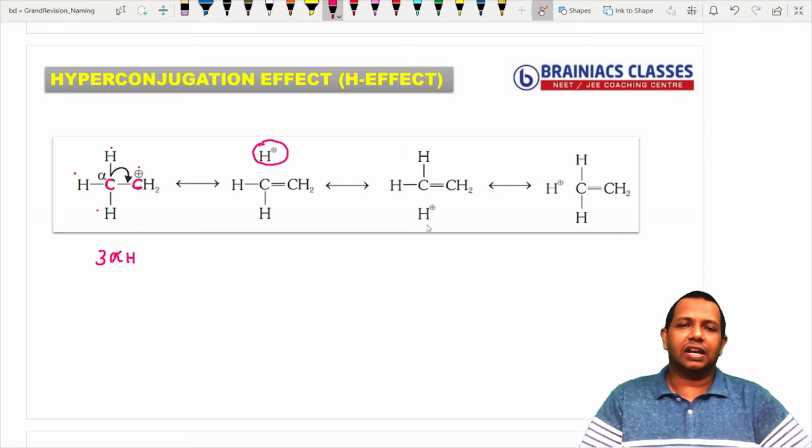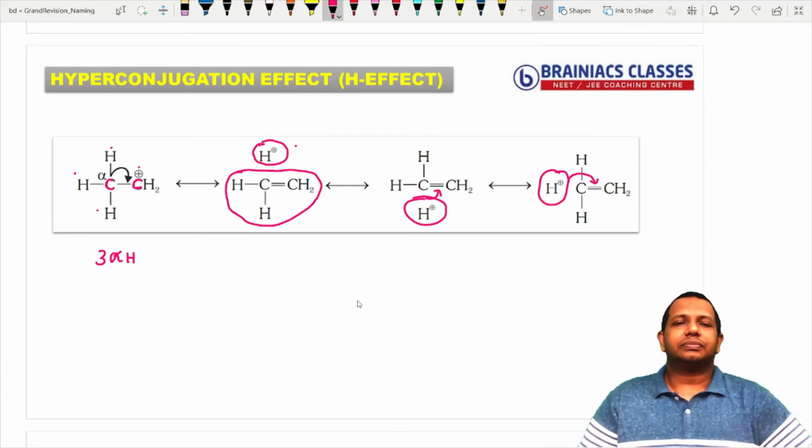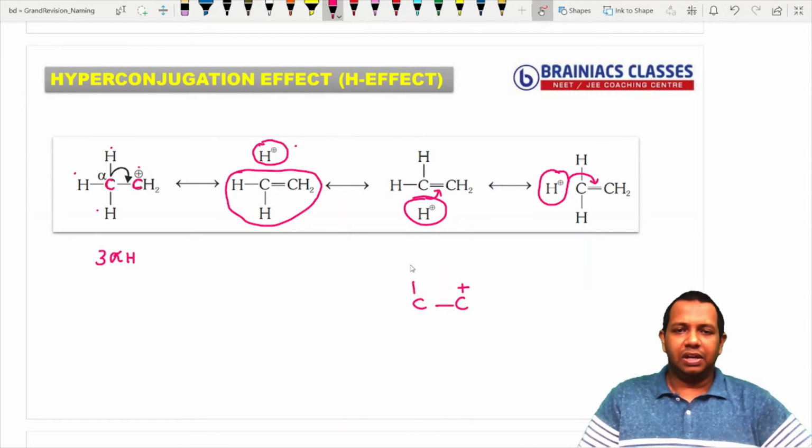If this hydrogen is moving, then this bond will go here. Suppose this is moving, then this will go here. So I can say this compound can become stable. You will get the same compound stabilized through 3 alpha hydrogen. Clear? So one condition to check whether hyperconjugation is there: you should have a positive charge on the carbon and the nearby carbon should have hydrogen atoms.